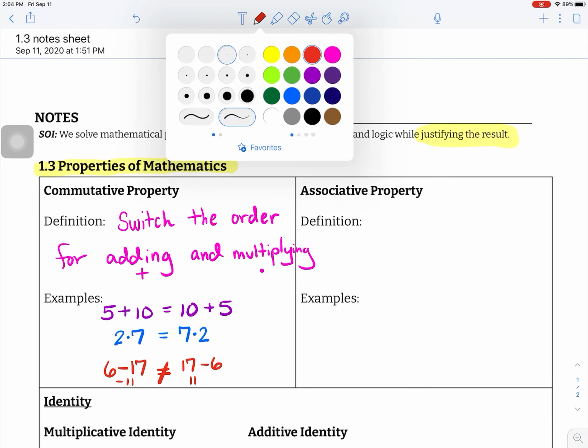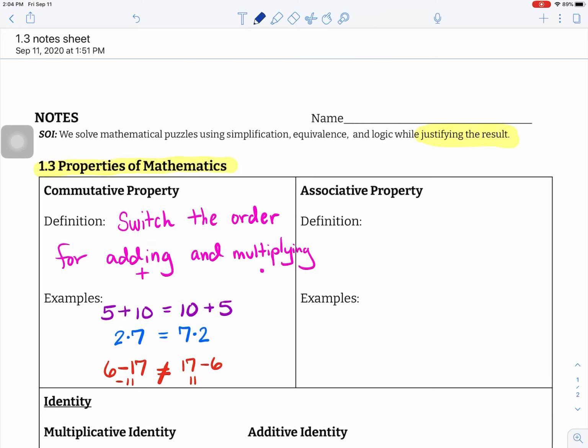The next property is called the associative property. And that would be we can group things how we want. And again, just like the commutative property, this works for adding and multiplying.